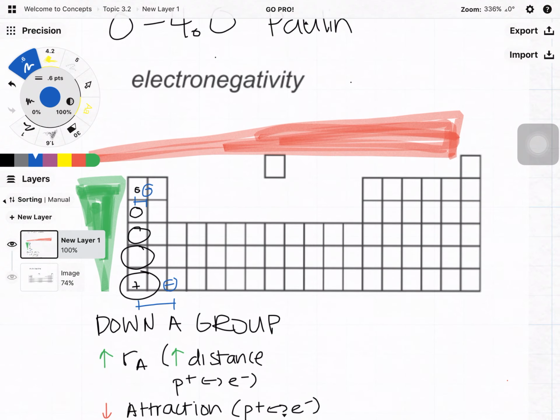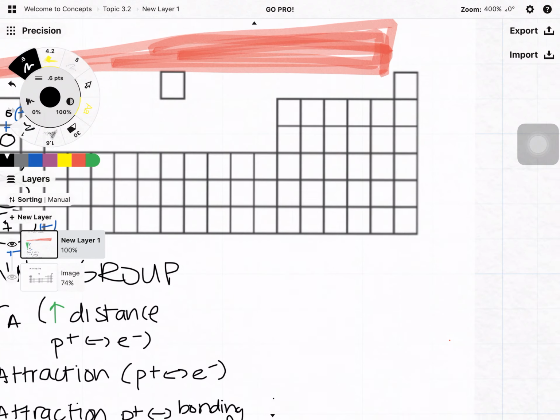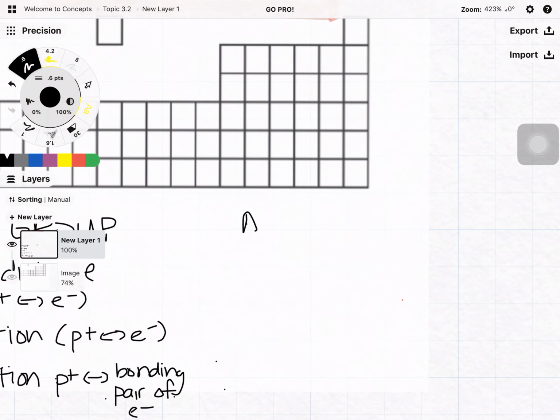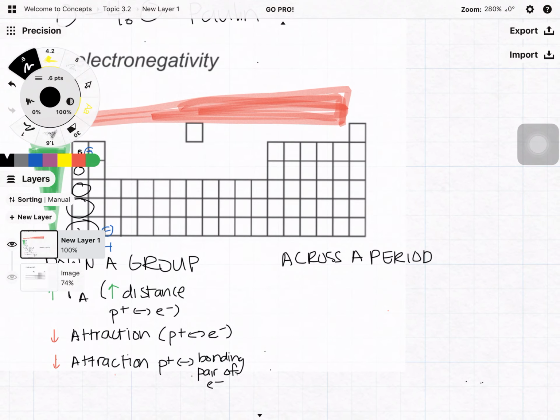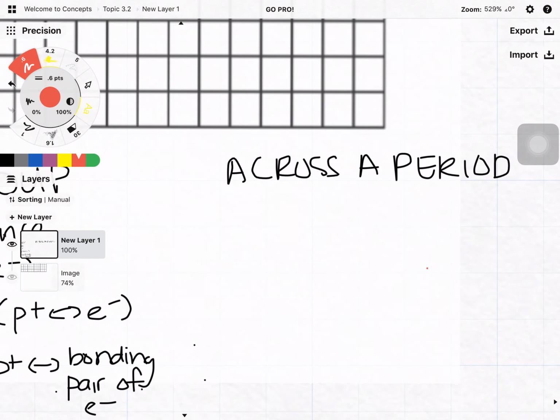Okay? Across a period is quite similar, so let's write that here. Okay, across a period. So as we saw in the atomic radius trend, as we go across a period, the distance between the center protons and outer electrons decreases.